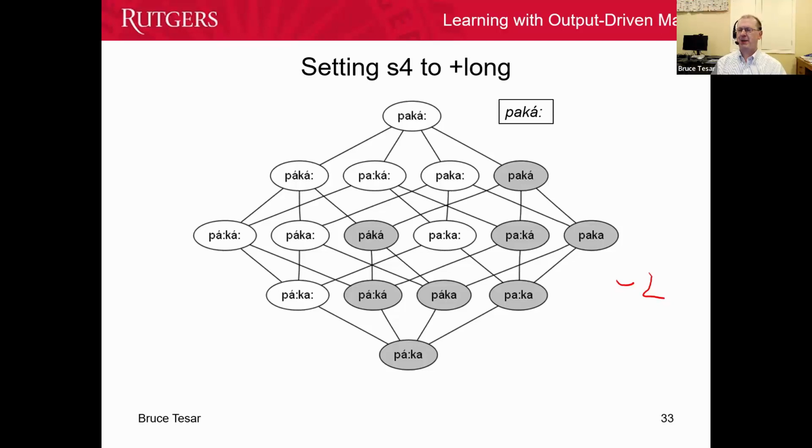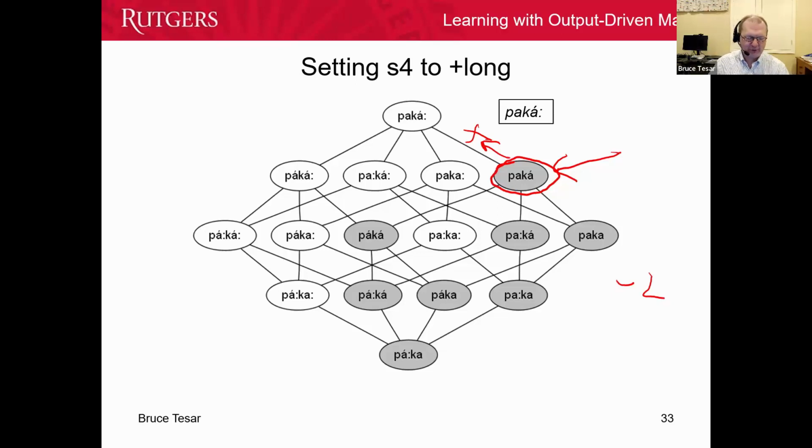Notice they form a sublattice. So we go to the top of the sublattice, and that's the form we constructed, that we actually created. And we determined that that input can't get to the output. Okay, the information we know about the ranking tells us that there's no ranking available that'll get us there.